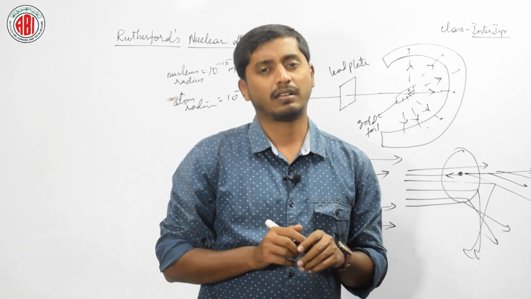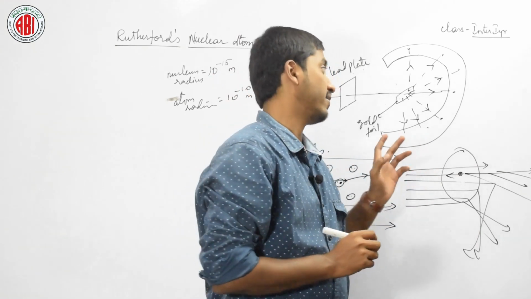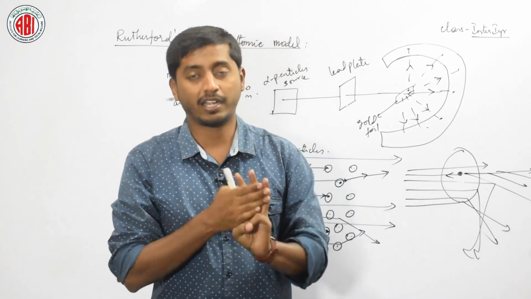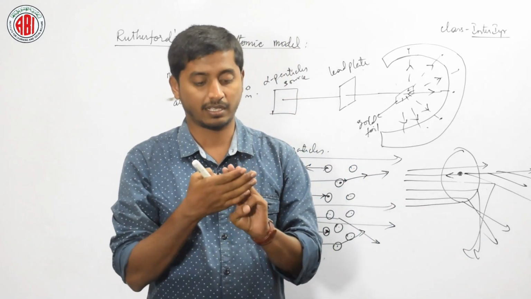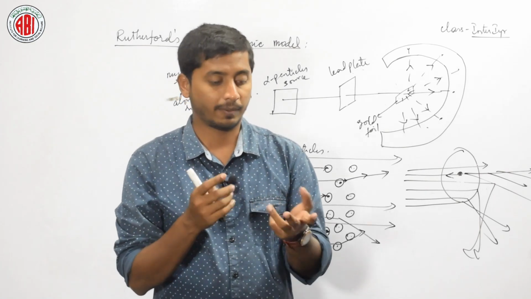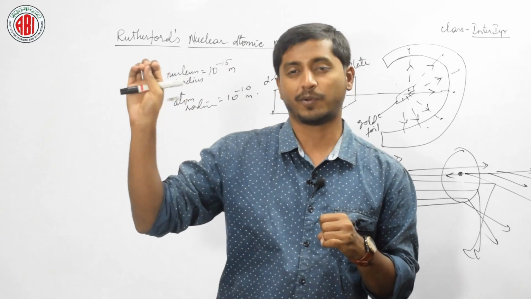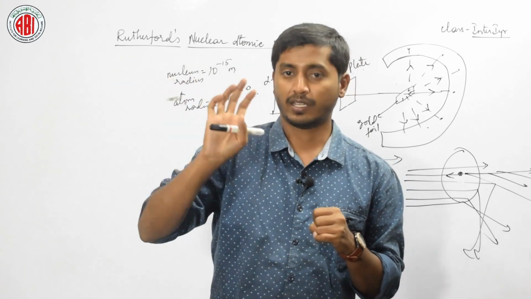What are his postulates? Based on the previous results and conclusions, he tells 3 points. What are those 3 points? Try to understand, these are the major things which you have to remember. What was the first conclusion? He tells that there is only a little bit of positive charge and the remaining part is empty, right.